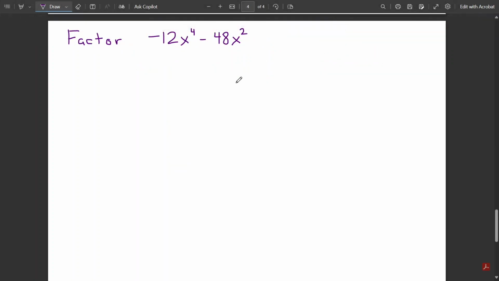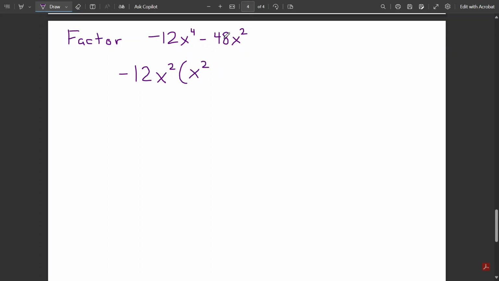All right, with this last example here, we're going to go the distance, and I'll show you some complex roots here. So we're going to factor negative 12x to the fourth minus 48x squared. Now I noticed one thing off the bat, both of these are divisible by negative 12. So we're going to factor out a negative 12. And not only that, x to the fourth, you can divide that by x squared to get, well, we're just going to get x squared.